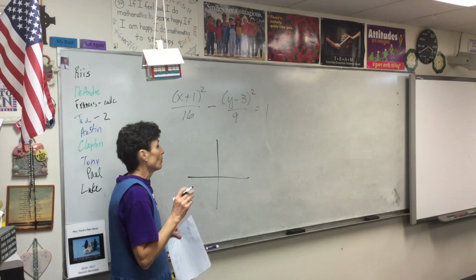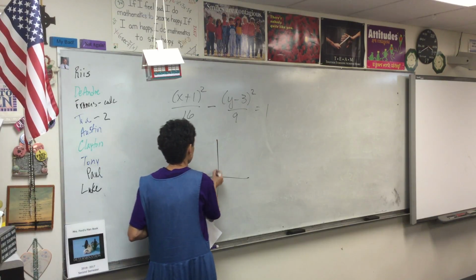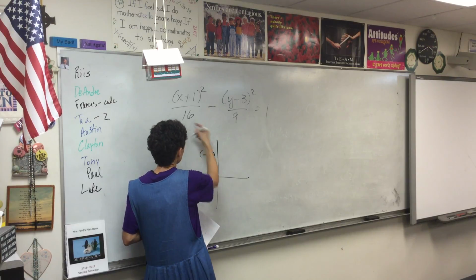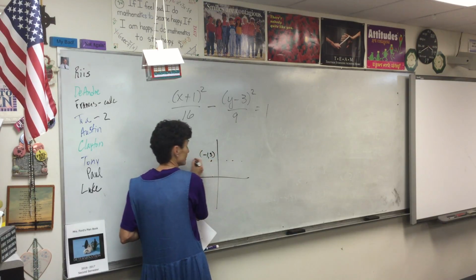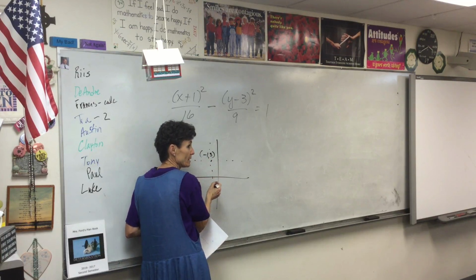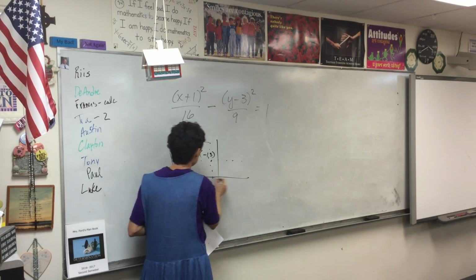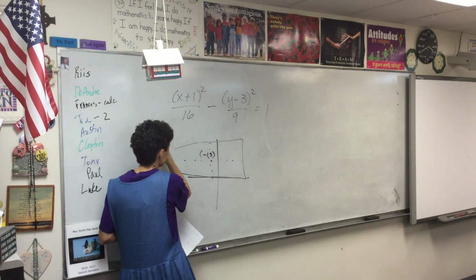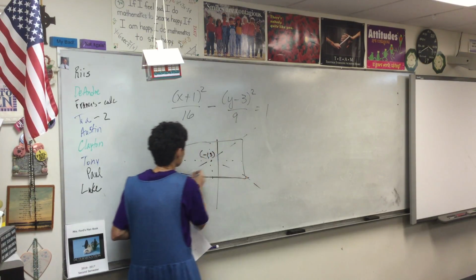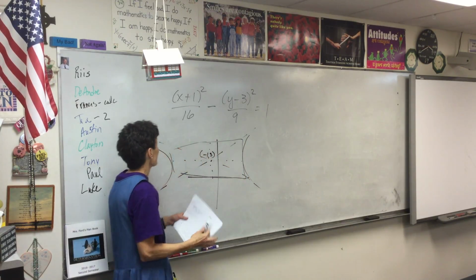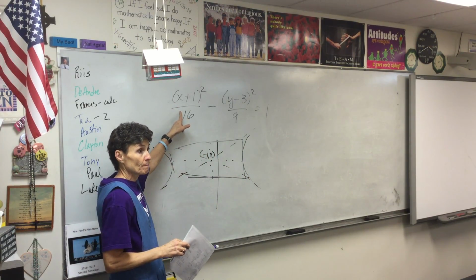You start by plotting your center, which is negative 1, 3. And then you're going to count sideways 4 and up and down 3. And you built your box. We've already done this. I'm not going to do it again. You drew in your asymptotes, the diagonals of the box, and you drew in your hyperbola that looked like that because x comes first.